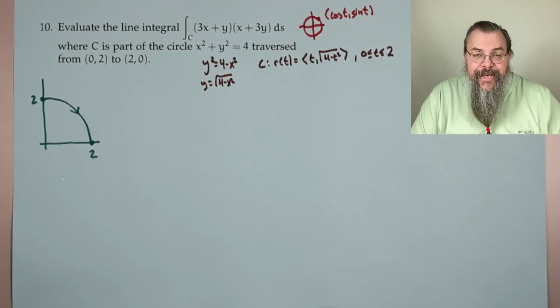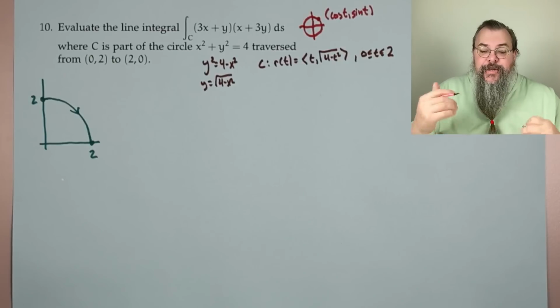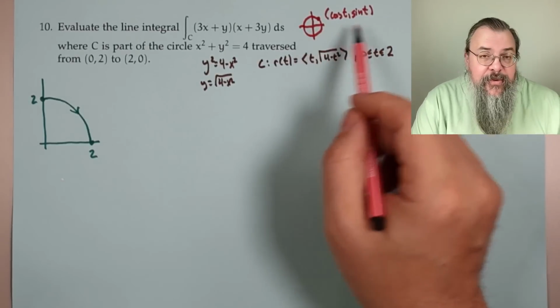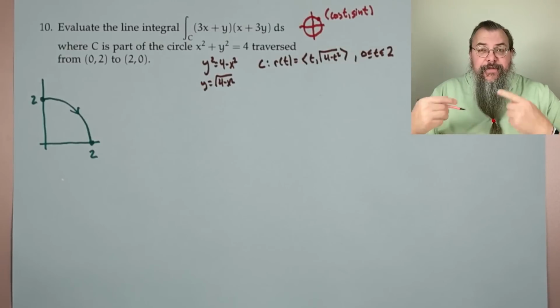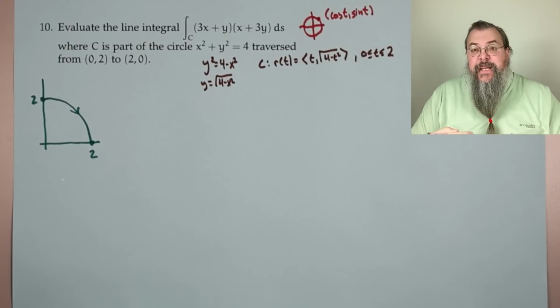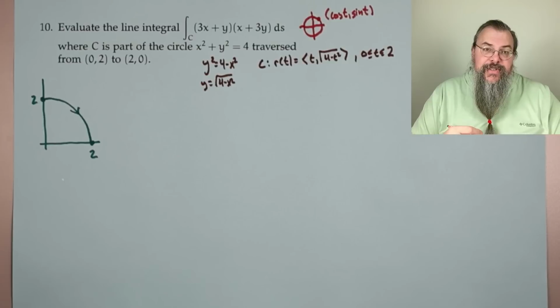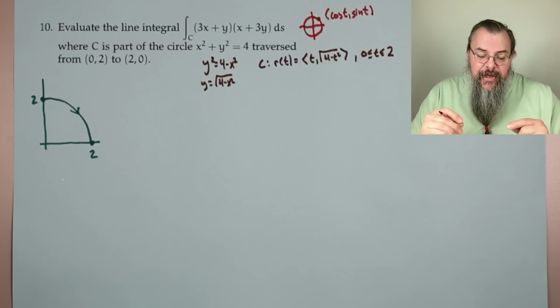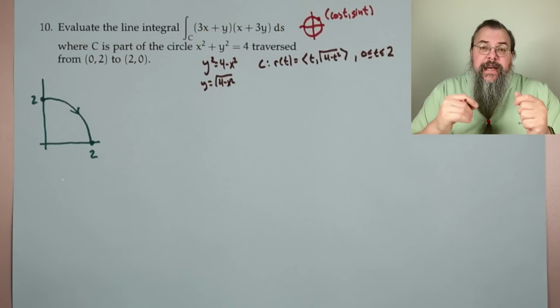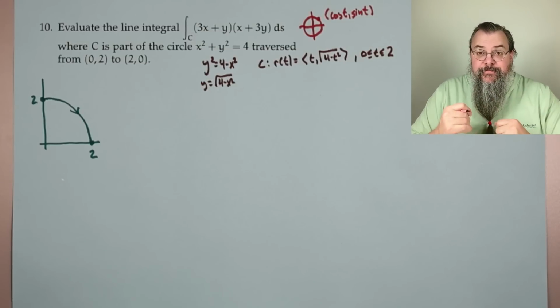So if you have a circle, you can almost always parameterize in terms of cosine and sine. You just have to be a little bit careful, and pay attention to your time and your orientation.